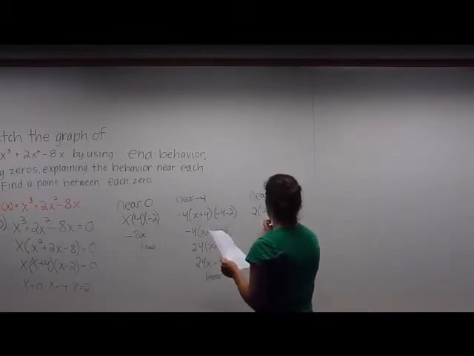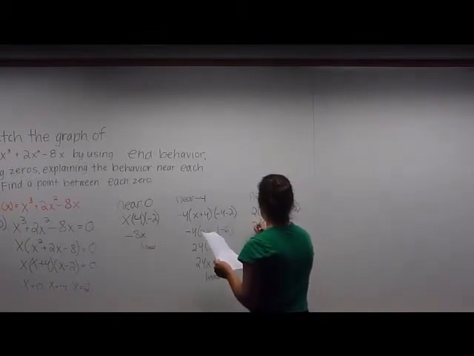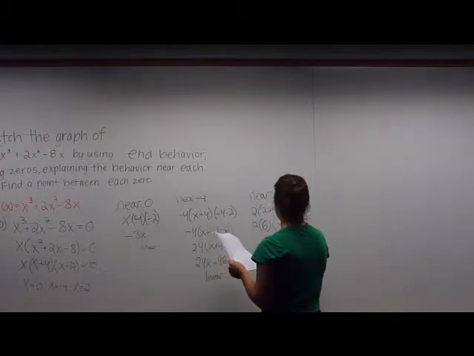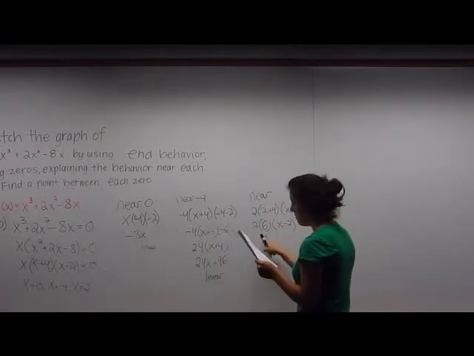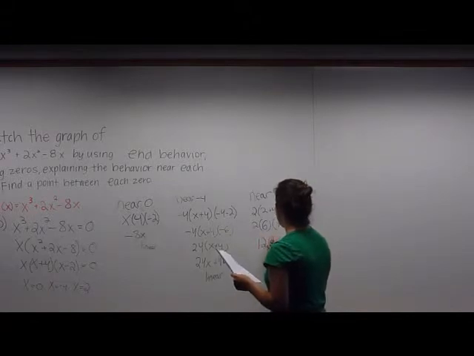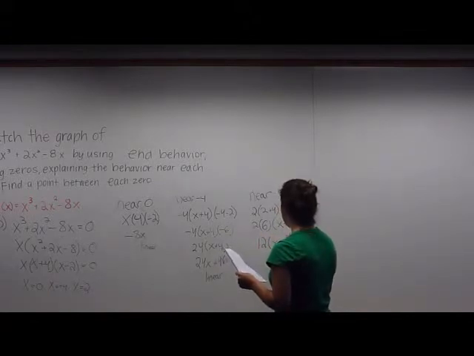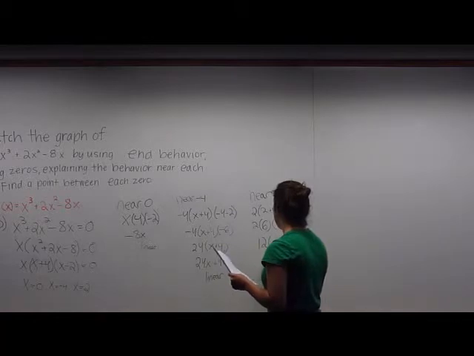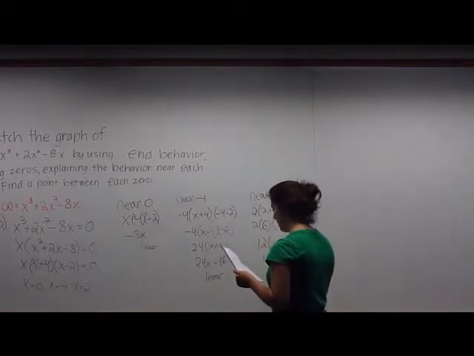Add what's in parentheses first. 2 times 6, x minus 2. Multiply this out. 2 times 6 is 12 times x minus 2. Distribute, leaving you with 12x minus 24. And this also acts linear.